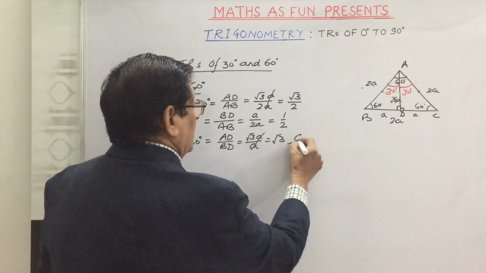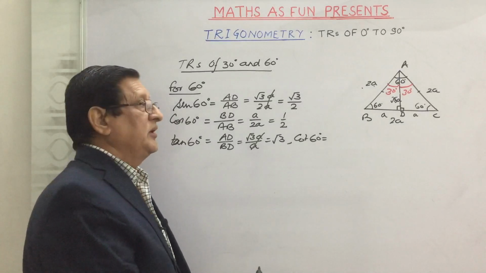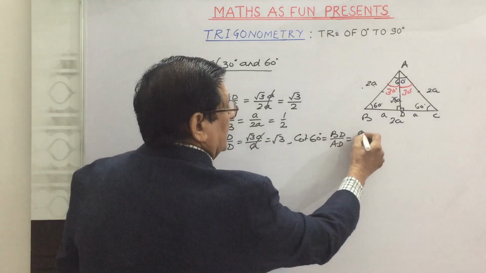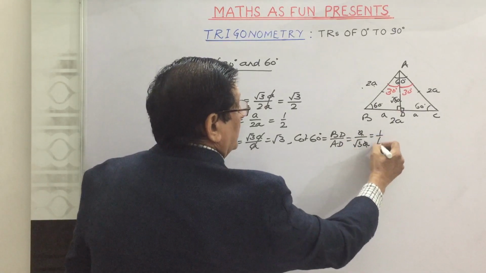Then we can go for cot of 60 degrees, base upon perpendicular. Base is BD, perpendicular is AD, and that comes as a upon root 3a, which is 1 upon root 3.